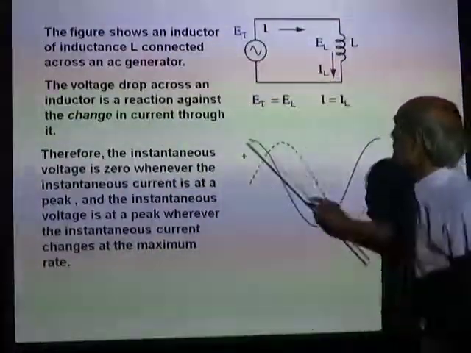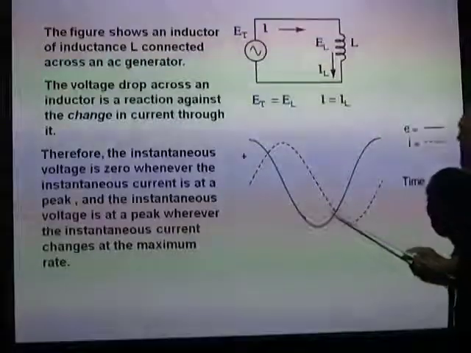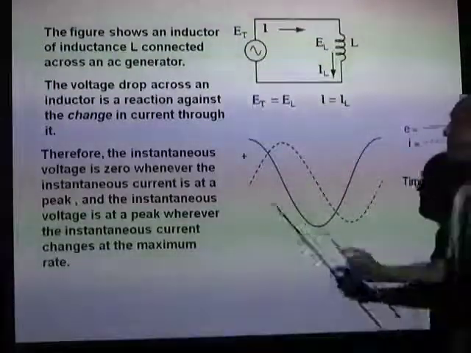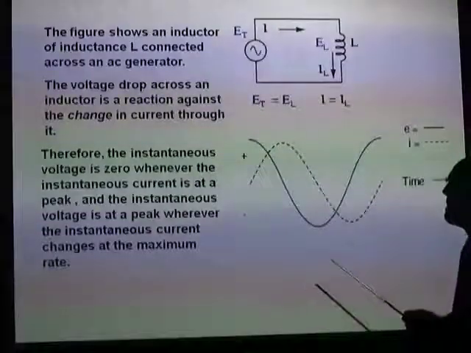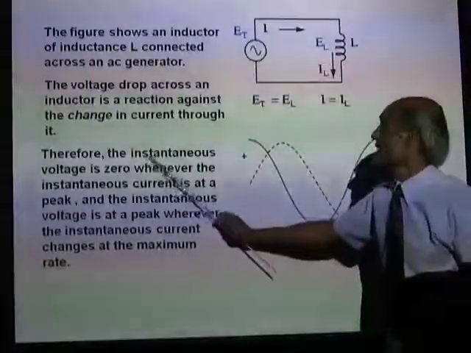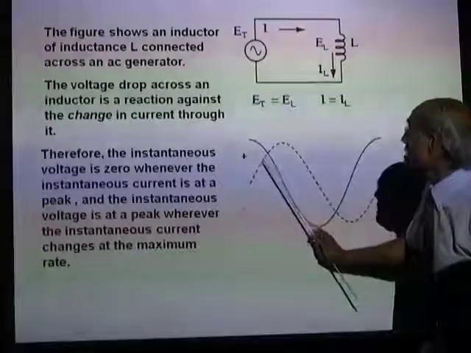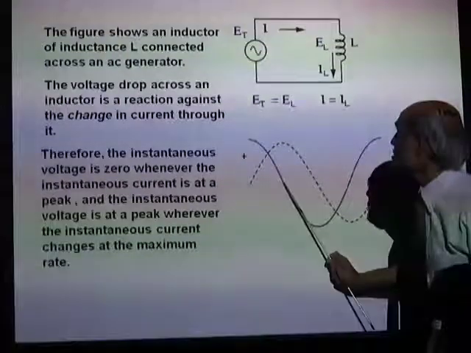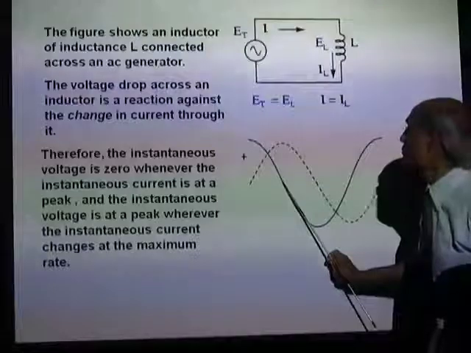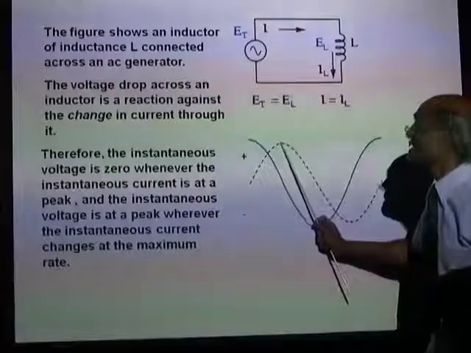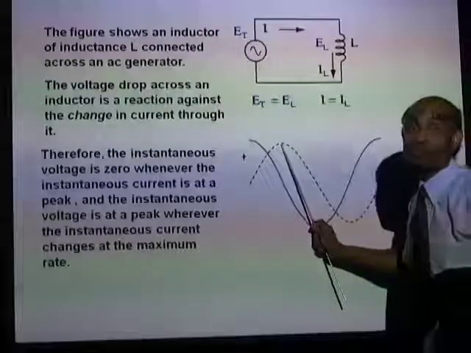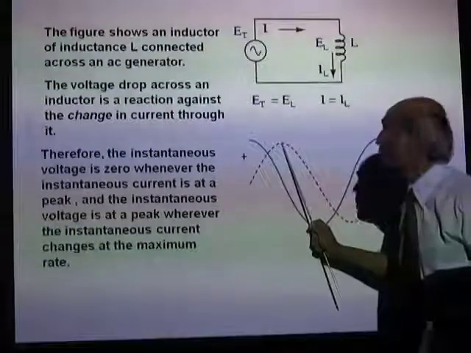So look at this. The blue represents the EMF and the brown or the red represents the current. So the instantaneous voltage is zero when the instantaneous current is at a peak. Now here, the rate of change of current is zero.